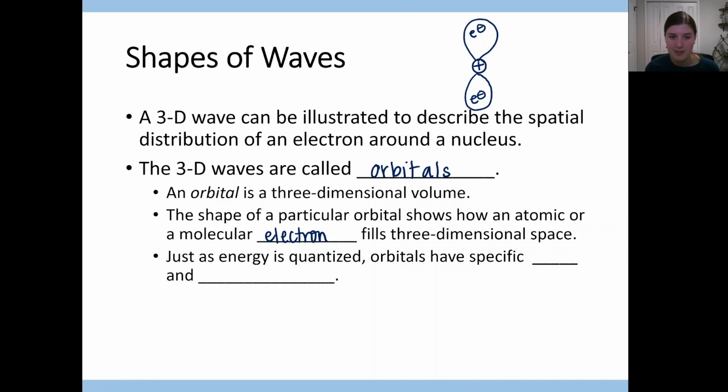If you're looking at a molecule like water, the orbitals look a little bit different, but again, an orbital in a molecule is a three-dimensional space that an electron in that molecule can exist. So just like the energies of electrons are quantized, so they can only exist at specific energy levels, orbitals also have specific shapes and orientations.